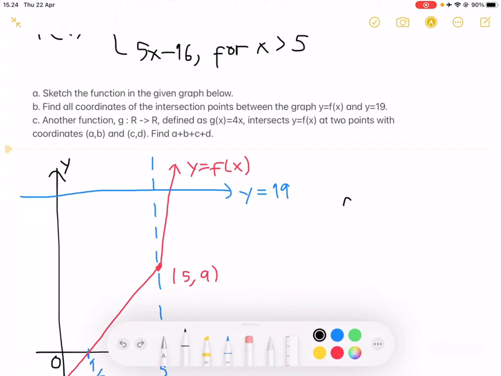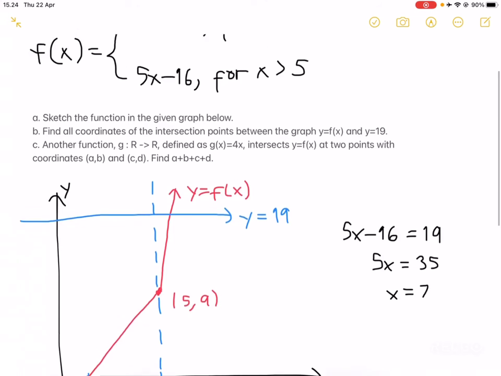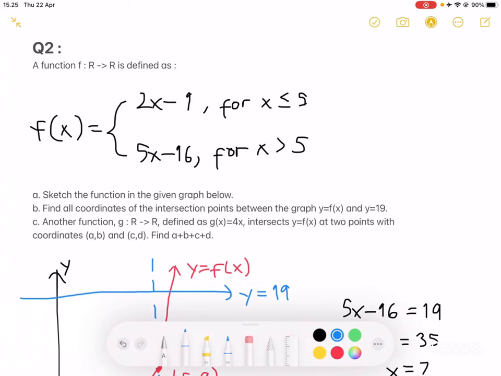We can set f of x, which is 5x minus 16, equal to 19. Add 16 on both sides, and then divide both sides by 5. So we have 35 over 5. So that means x must be equal to 7. And we can check that it satisfies the domain right here.